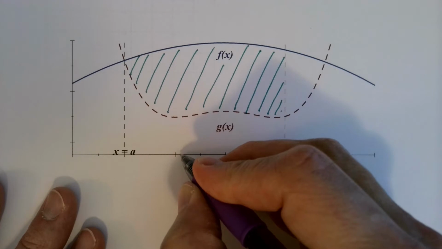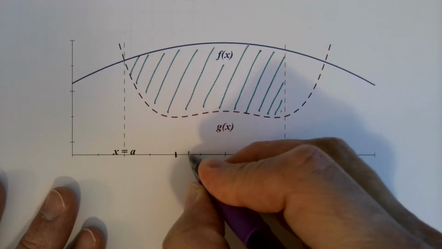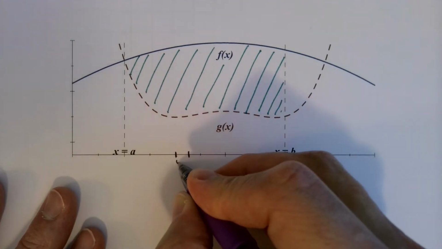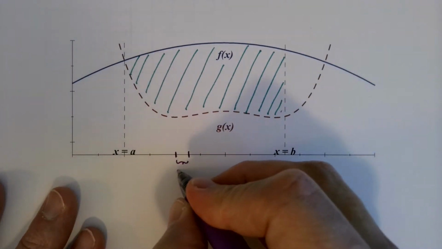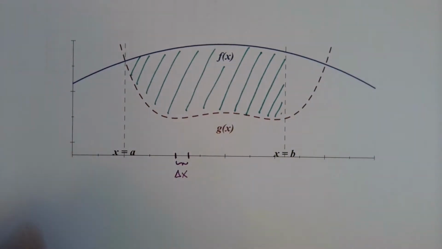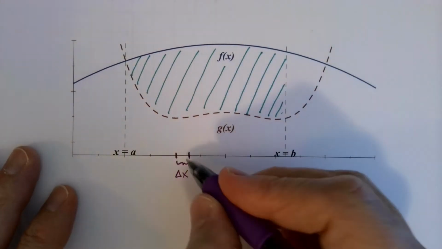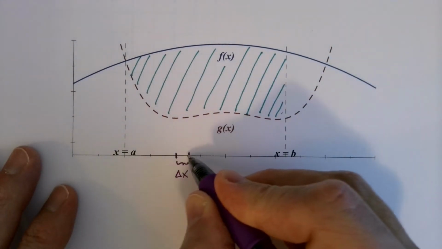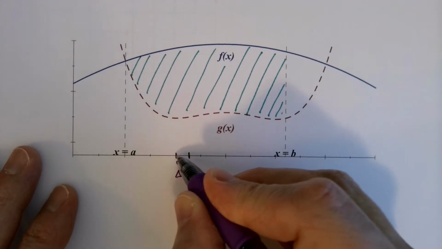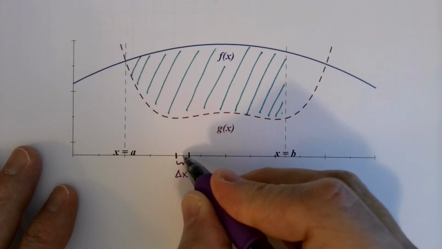And let's suppose an arbitrary subinterval is right here, and if it's equally spaced, remember we have our delta x, which is the width, and then for some c sub i, or x sub i, or whatever you want to call it, it could be the left-hand, right-hand endpoint, midpoint, or any point in between.